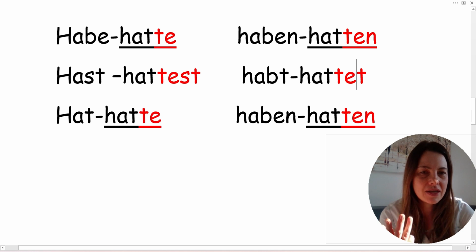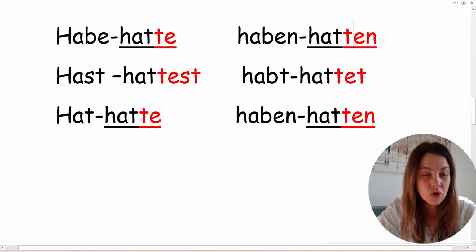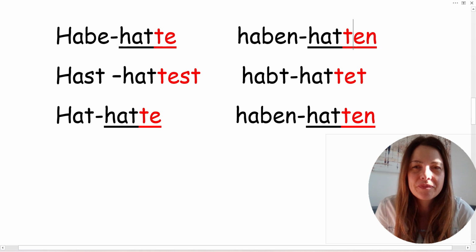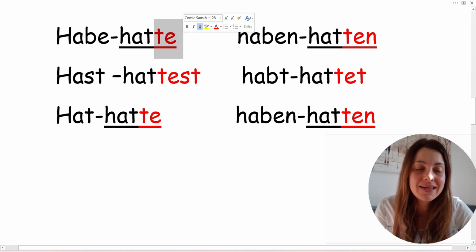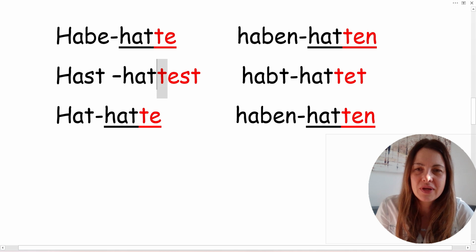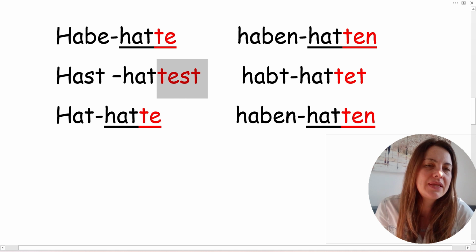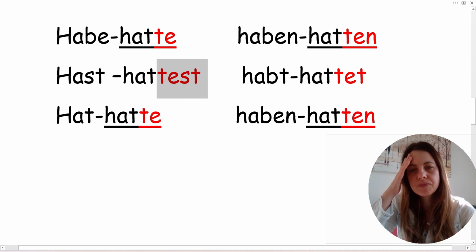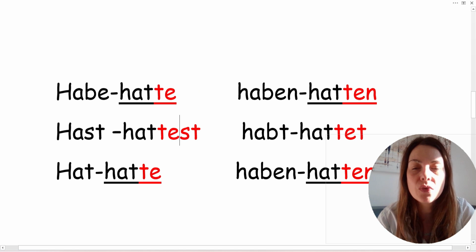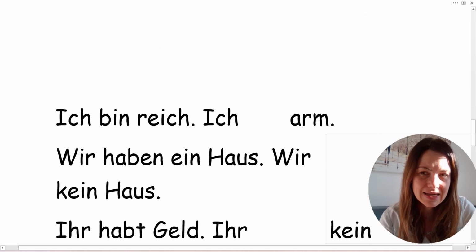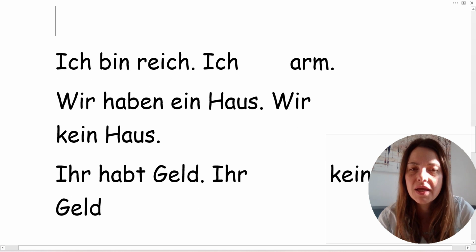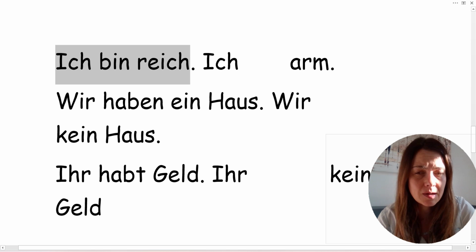Wir kauften, ihr kauftet, sie kauften. Or live, leben. Ich lebte, I lived. Du lebtest, lebte, lebten, lebtet, lebten. Okay, so that's this Präteritum. But now we will concentrate only on sein and haben. Okay, let's see. The first sentence is ich bin reich.